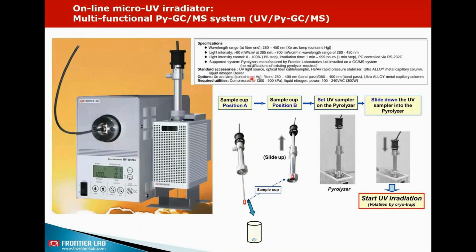This UV radiator allows a light intensity of higher than 60 millivolts at 365, and even 700 millivolts per centimeter square at 280 to 480. Also we can adjust the intensity through a control, so you can assess the sample at different light intensities and different wavelengths.